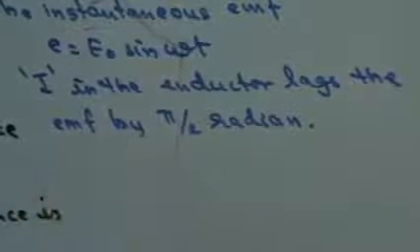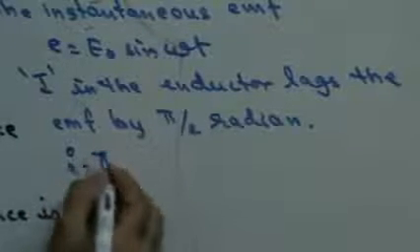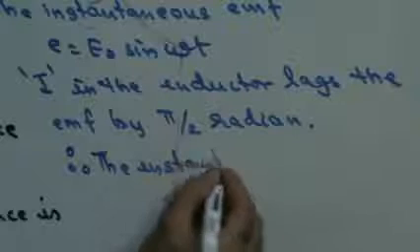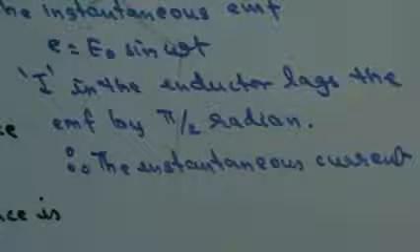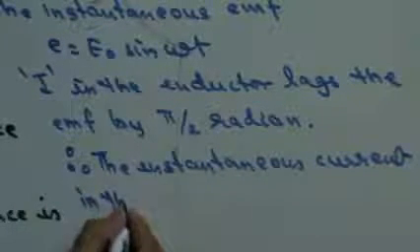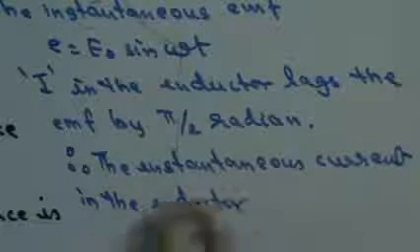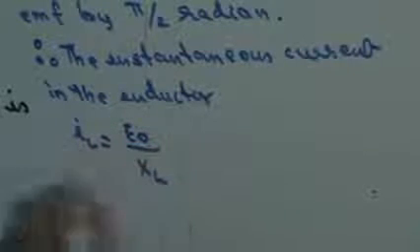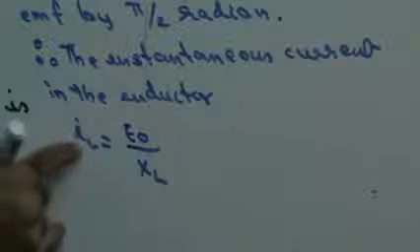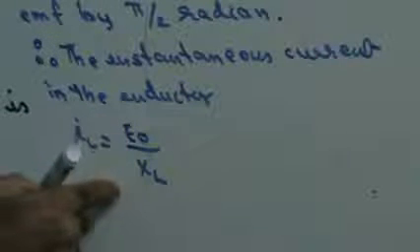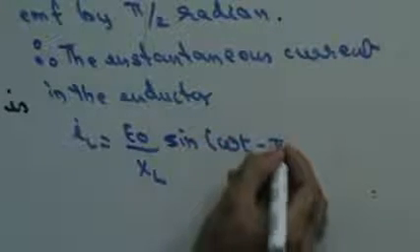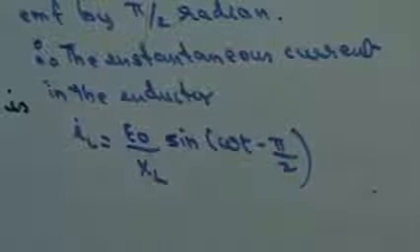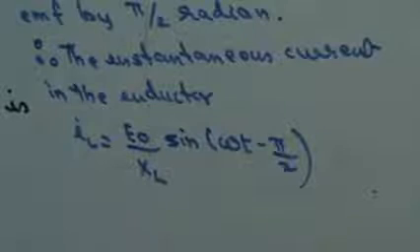Therefore, I can say that the instantaneous current IL in the inductor will be equal to E0 upon XL sin(omega t minus pi by 2). Ohm's law: current is EMF upon resistance. Current lags the EMF, therefore minus pi by 2.